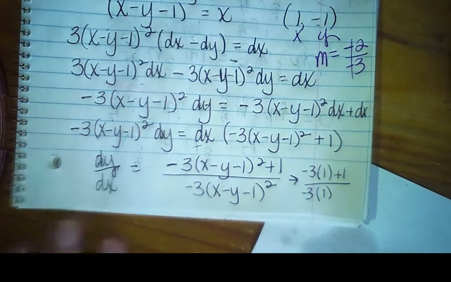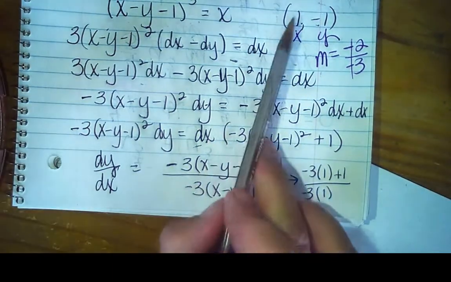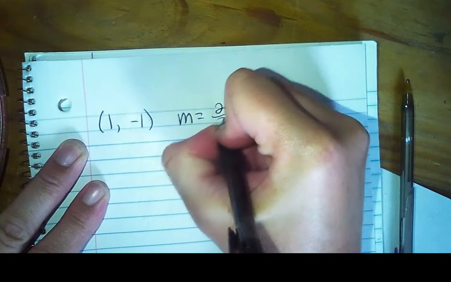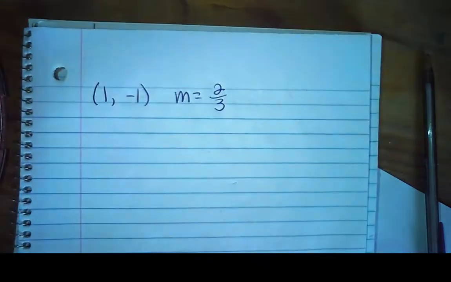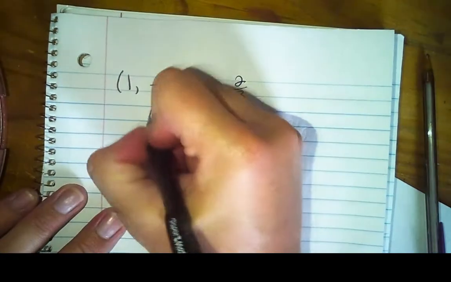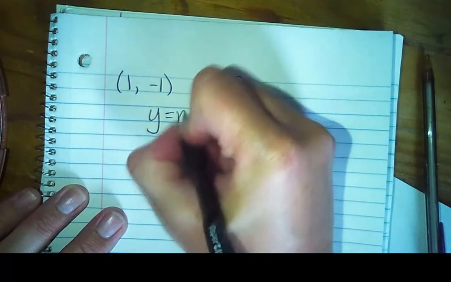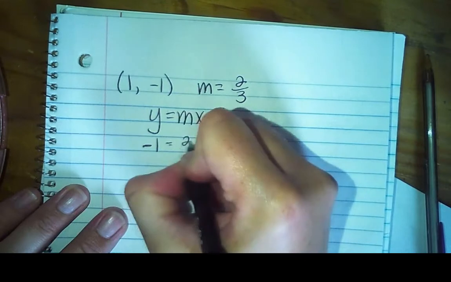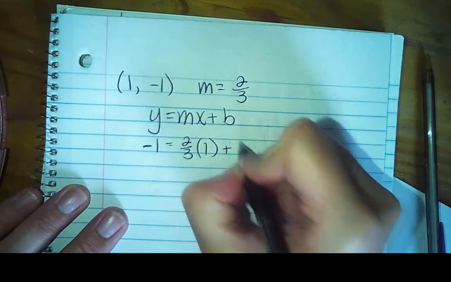Okay, so now I'm going to flip my page. I have an x coordinate and a y coordinate and an m, so now I can find the equation of the tangent line. So I've got a 1 and a -1 and an m of 2/3. Hold on. Was it 2/3? It was 2/3. Okay. So my m is 2/3. So I've got y equals mx plus b. So my y is -1. My m is 2/3. My x is 1.